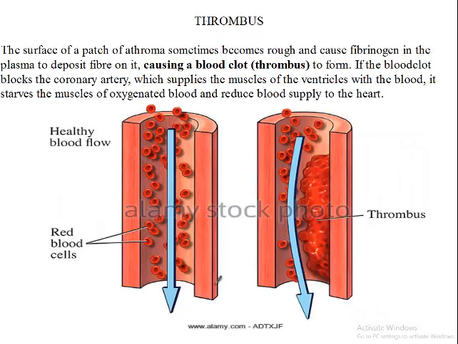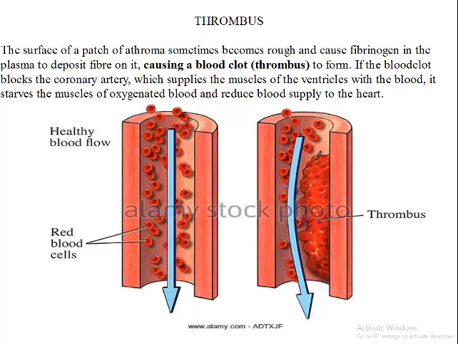Now, the surface of the atheromas sometimes becomes rough and causes fibrinogen in the plasma to deposit fiber on it. Okay, the fibrinogen in the plasma will deposit fiber on the atheroma, and then a blood clot is formed.